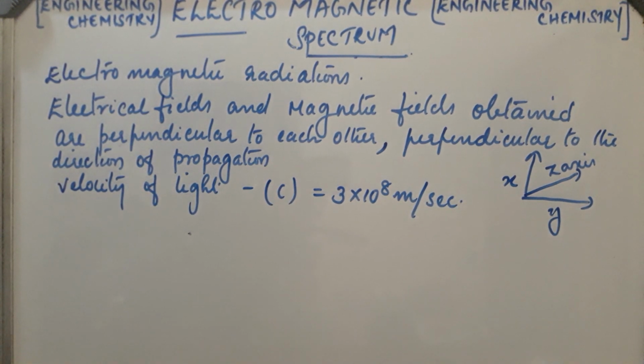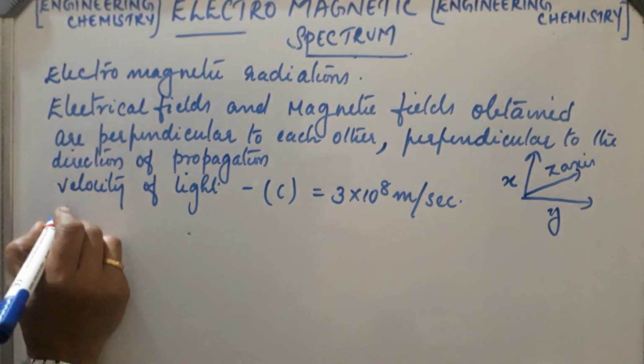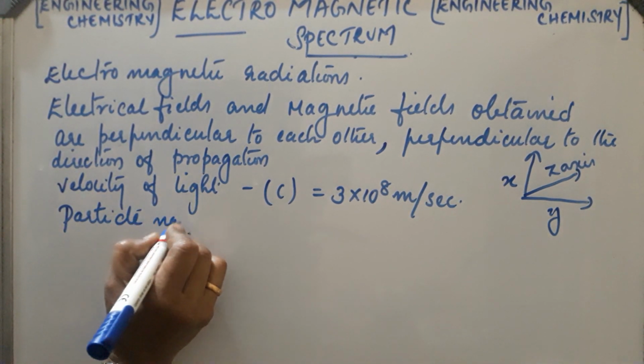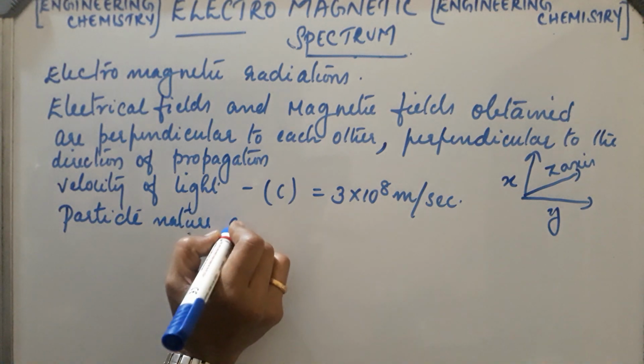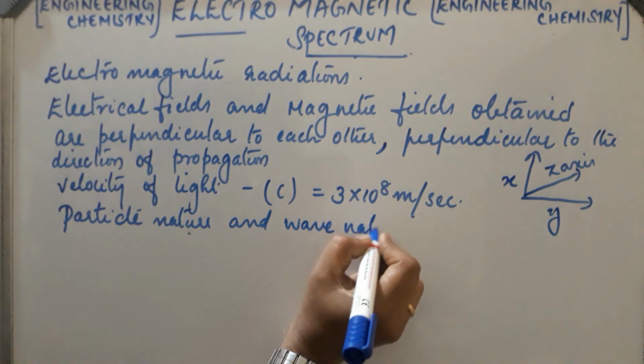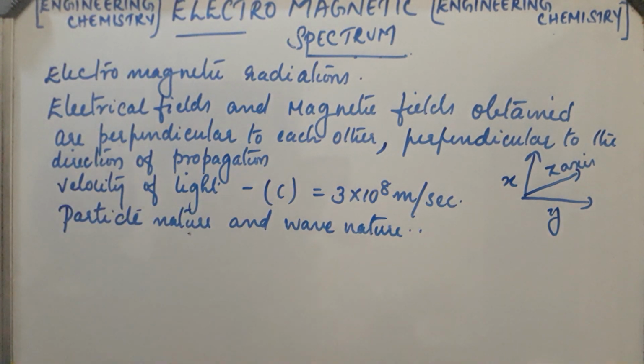Next, electromagnetic radiation has both particle nature and wave nature.